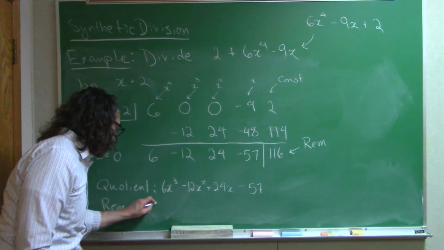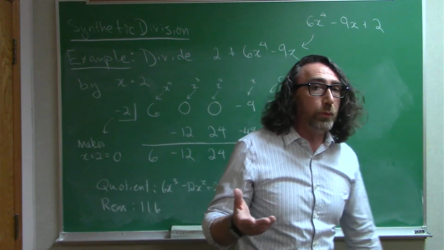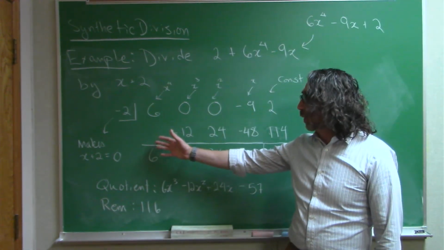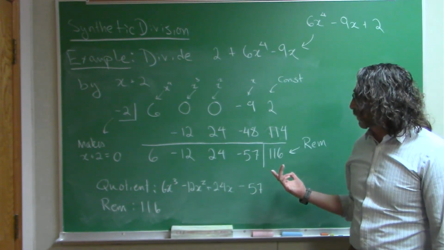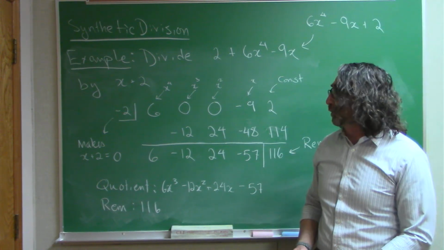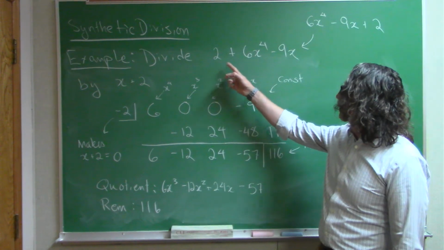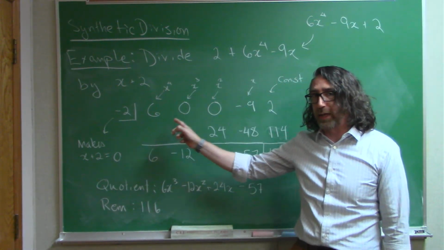The remainder is 116. All right, so the good news is that the synthetic division process is actually pretty easy. Once you get practice with it, it's kind of a breeze. The only thing you have to be careful about is getting the setup correct. Remember, coefficients have to be in descending order according to the powers of x.